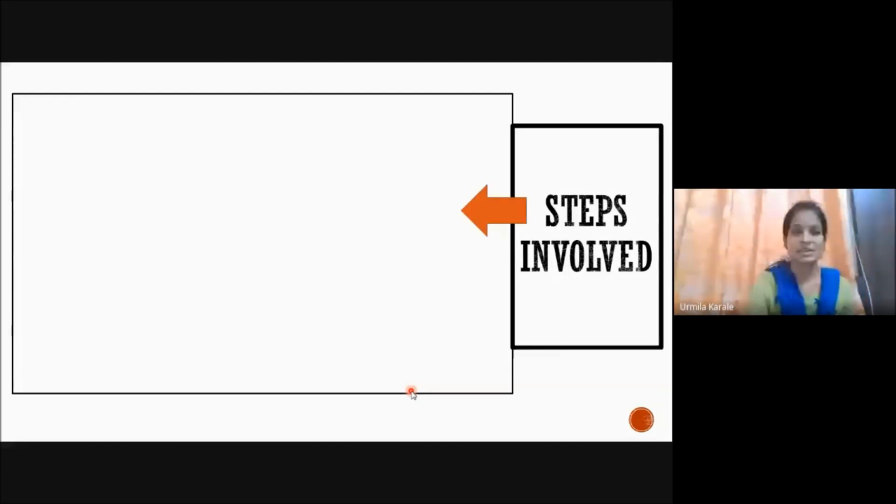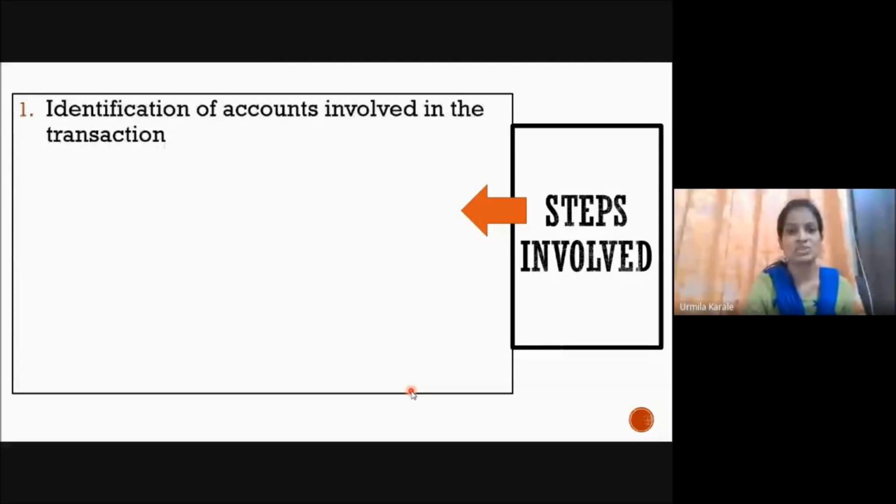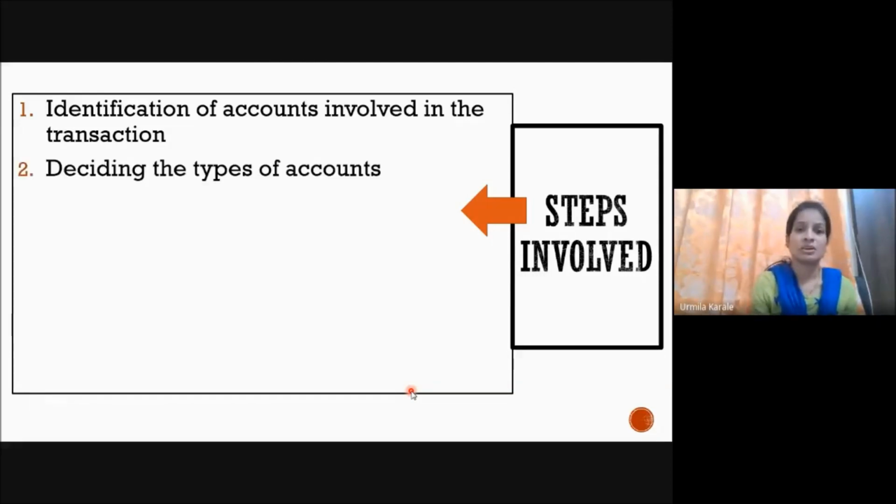First step is identification of the accounts which are involved in the transaction. You are supposed to read the transaction and identify the accounts which are involved in it. Then once you are clear with which accounts are there, you need to identify the type of account to which it belongs. You have to identify whether it is a personal account, real account, nominal account, or representative account.